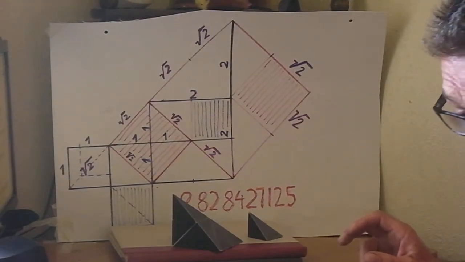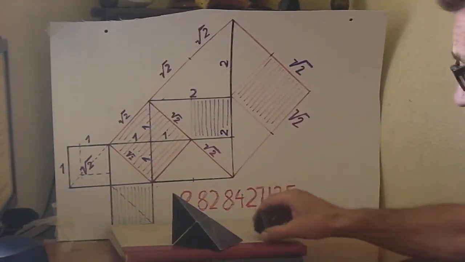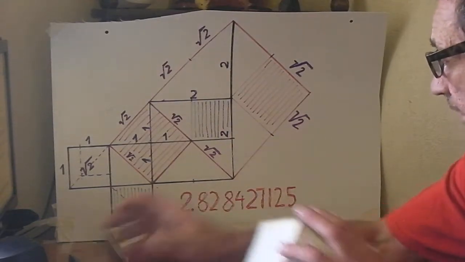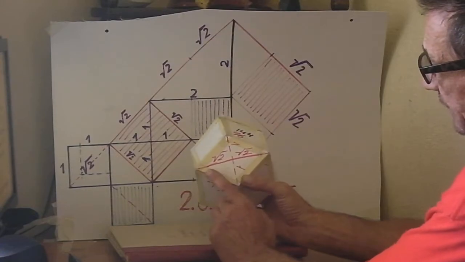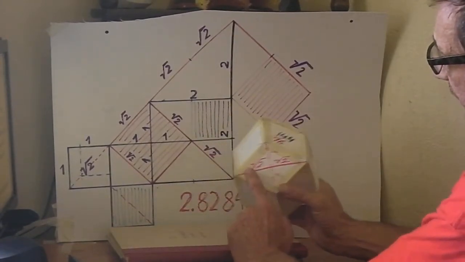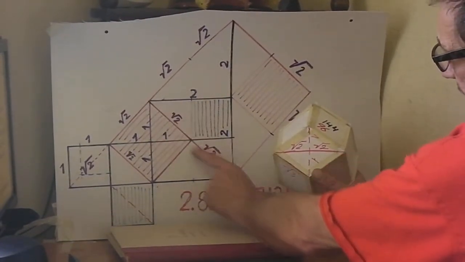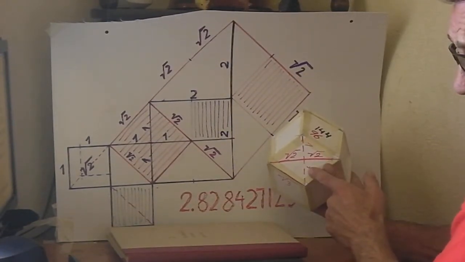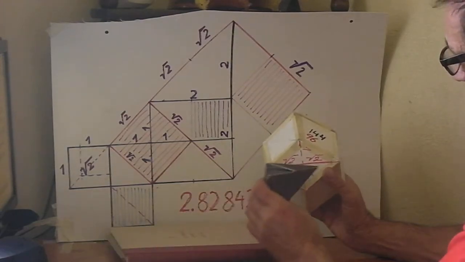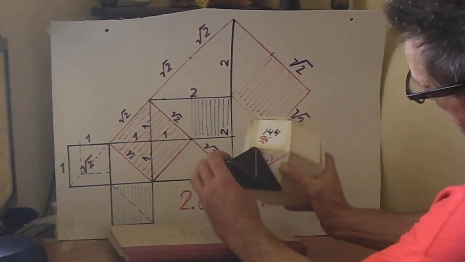Now here is the rhombic dodecahedron. This is our rhombic dodecahedron, and we both share it in our modules, and we see that the long diagonal is this cube body diagonal, 2 times square root of 2. This is the edge of the cube, that's here. That's the edge of the cube.